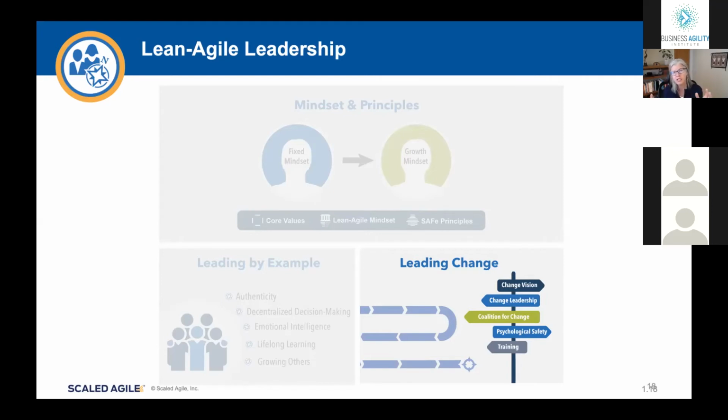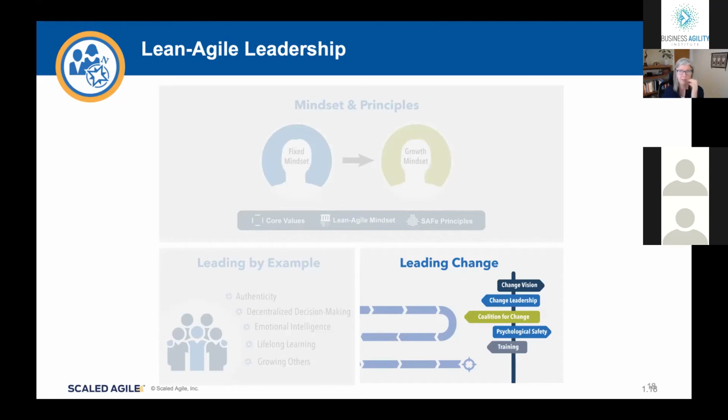Your job as the change agent isn't necessarily to force a solution on the leadership team. It's to guide them to a place where they see agile or lean agile thinking as a natural extension of the solutions they've already come up with, because they've really got to own that change and lead that change.